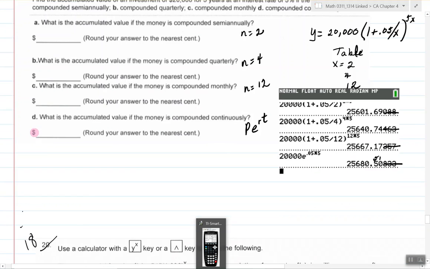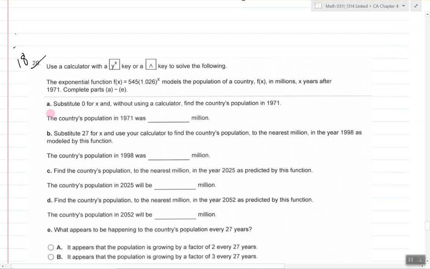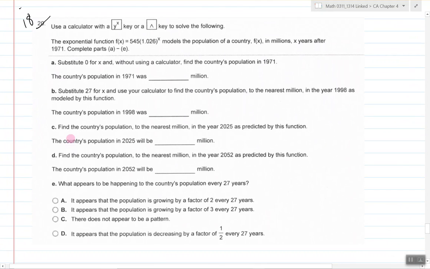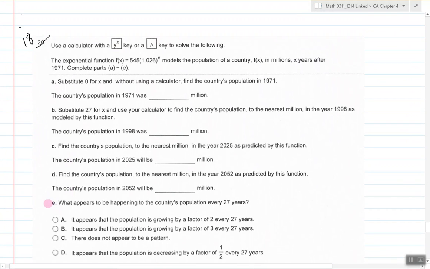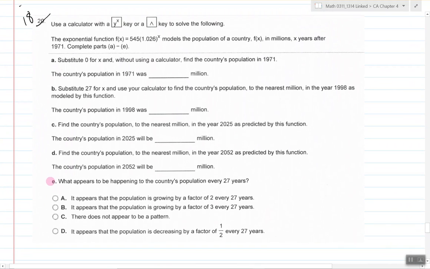All right, let's look at number 18. It says use a calculator with and we're going to use this key to solve the following. The exponential function f of x is equal to 545 times 1.026 to the x models the population of a country.